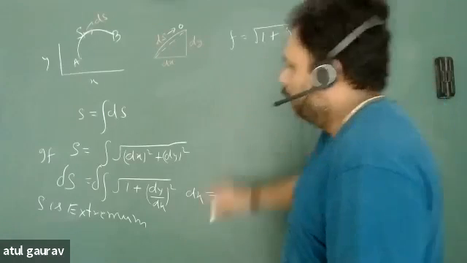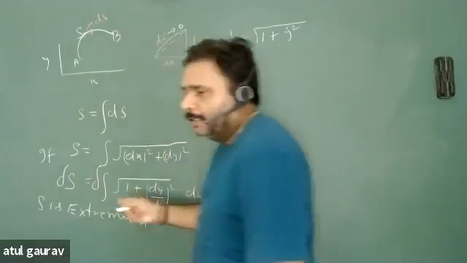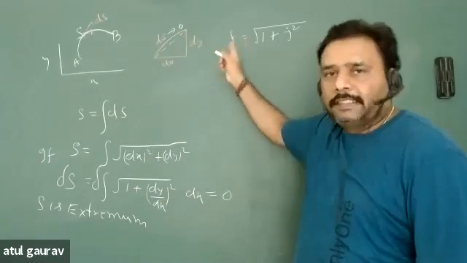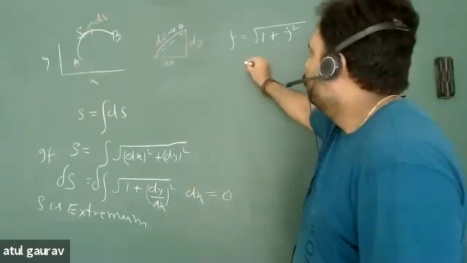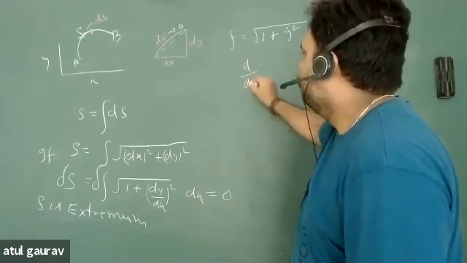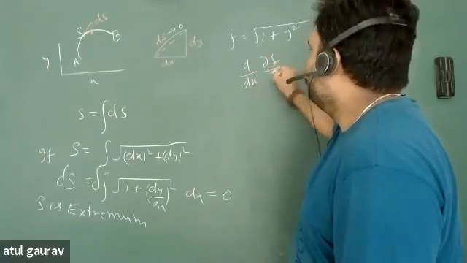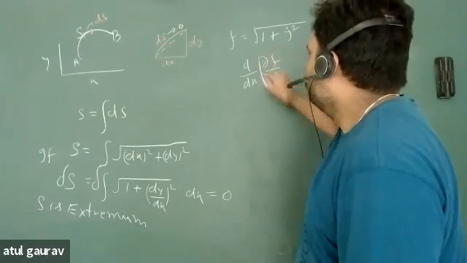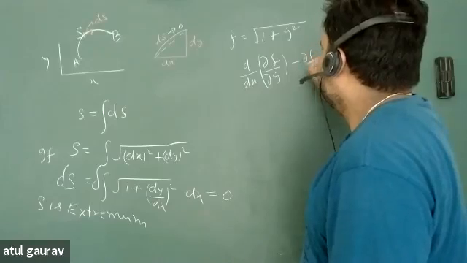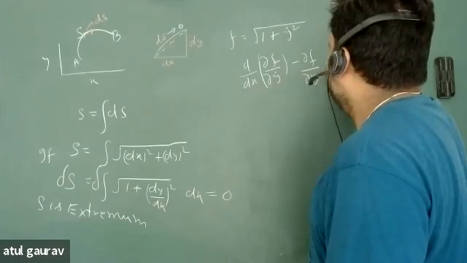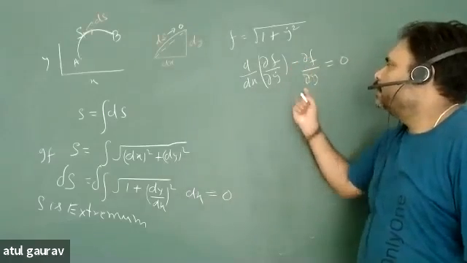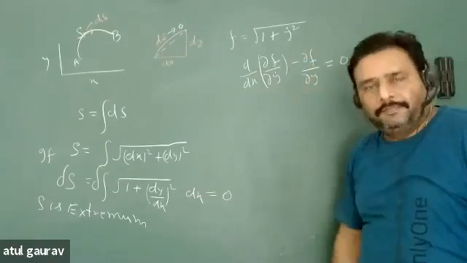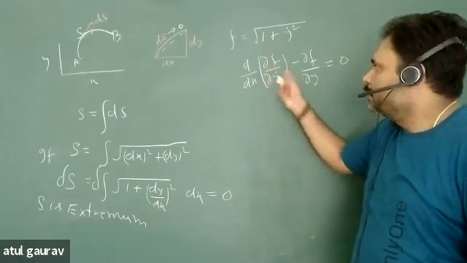Now, if this is going to happen, this f will satisfy the Euler-Lagrange equation. So what is the Euler-Lagrange equation? We have d upon dx of del f upon del y dot, minus del f upon del y, must be equal to 0. Please note down that these are only partial derivatives with respect to y, and this is the partial derivative with respect to y dot.